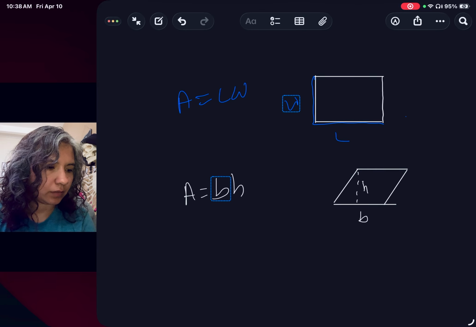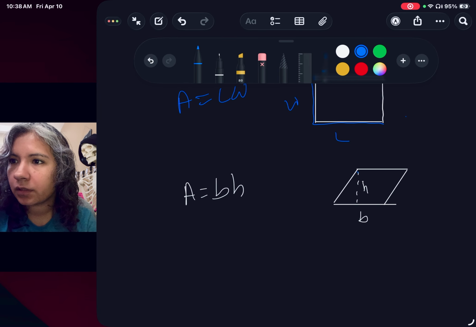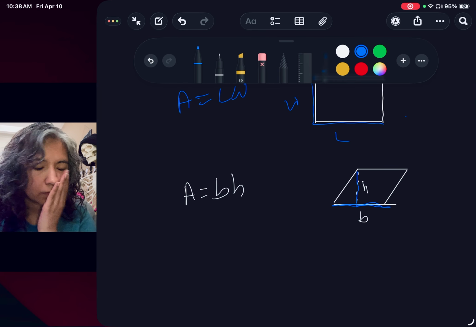Okay, and so that's this line and this base times height.